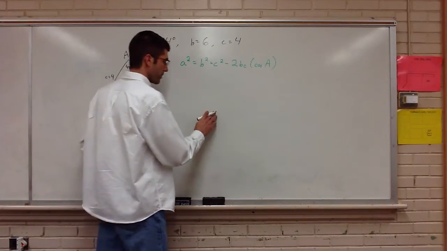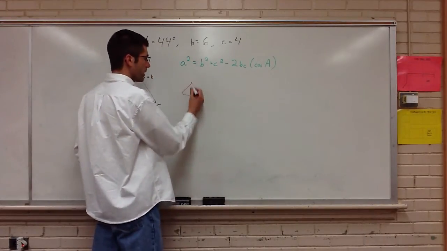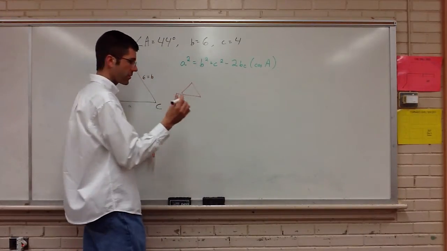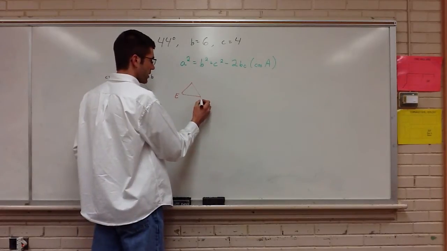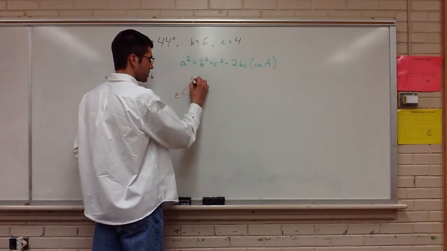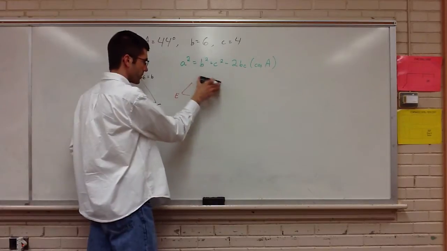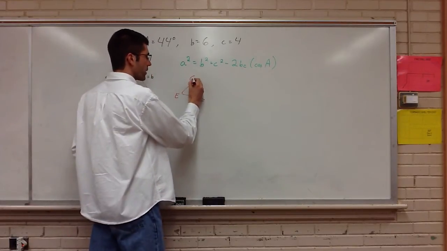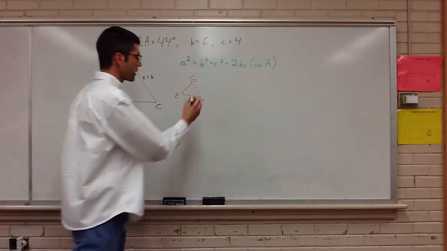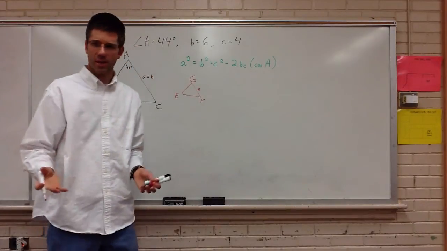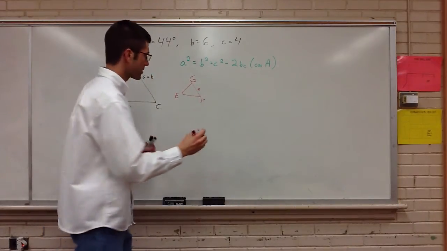For example, don't write this next part down. I'm just going to make this up. Let's suppose you have a triangle, and it's E, F, G. That should be an uppercase G. Oops, I can make it a lowercase g. And let's suppose I'm looking for little e. I don't need to look at my formulas. I got this.